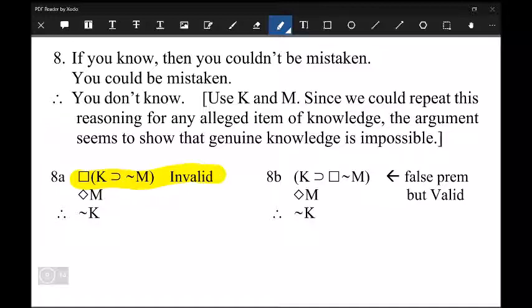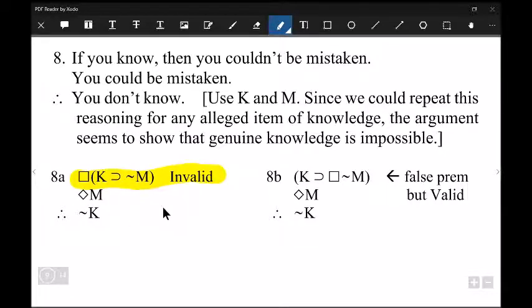But then it's invalid, because you need the premise you are mistaken, therefore you don't have knowledge. That you possibly could be mistaken doesn't show that you don't have knowledge. So you need a stronger second premise. This is just invalid. The reading is: it's necessary that if you know, then you're not mistaken. But you are mistaken, with a stronger premise, therefore you don't know.